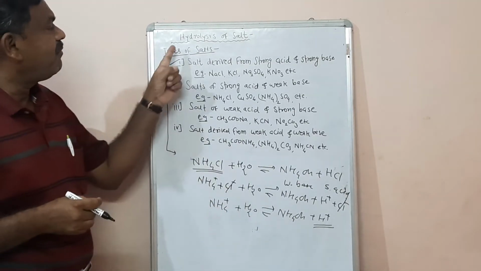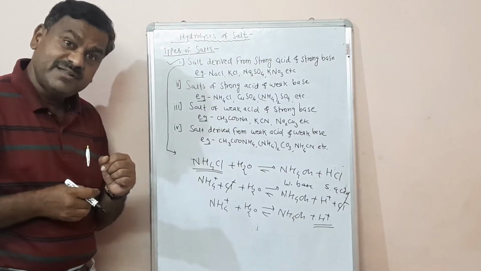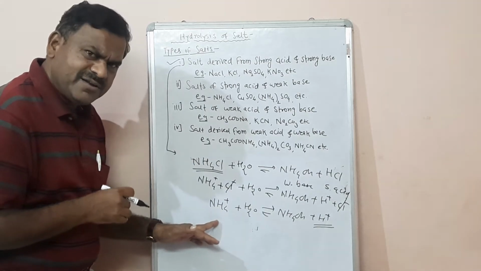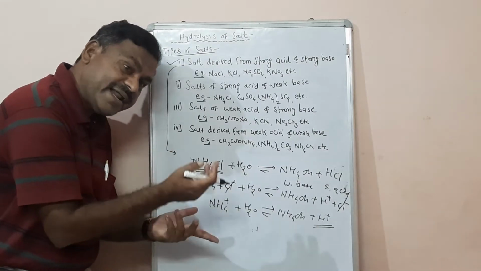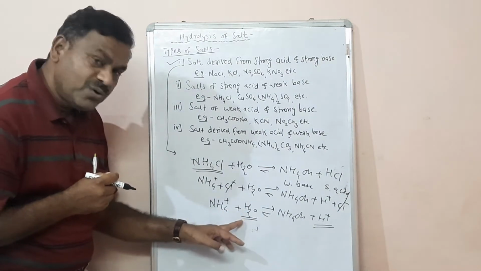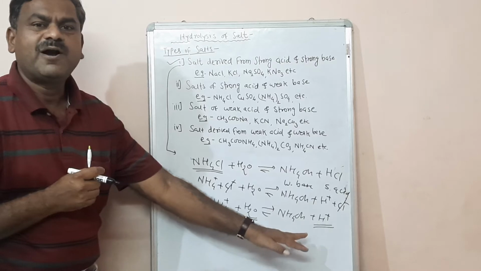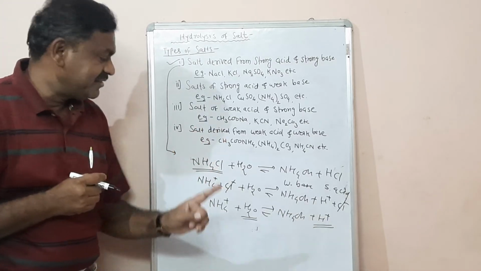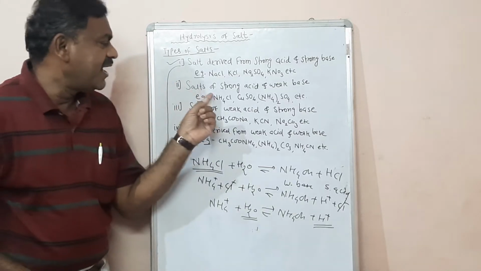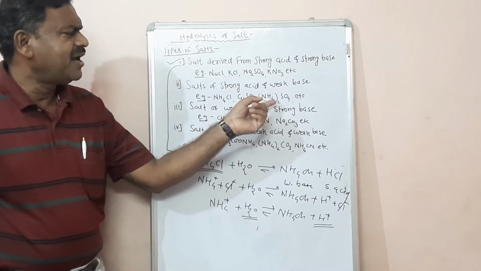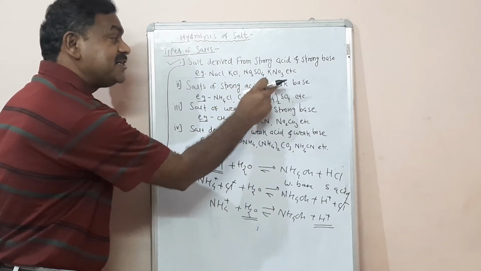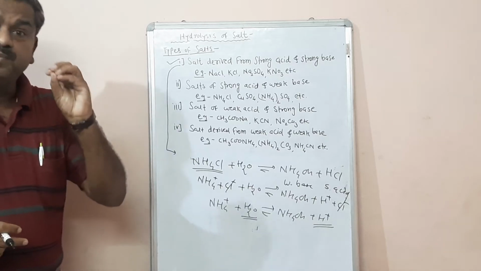According to the definition, hydrolysis is the combination of cations or anions with H2O, so the cation hydrolyzes with H2O to give ammonium hydroxide and H plus. This is the hydrolysis of the second salt. Examples are copper sulfate and ammonium sulfate, which are salts of a strong acid and a weak base.